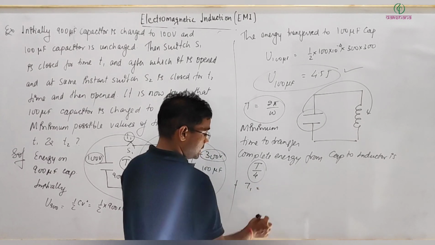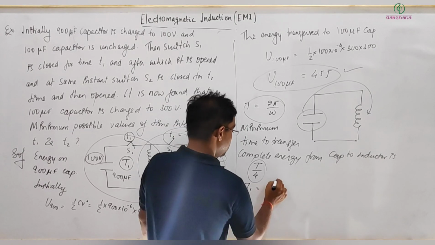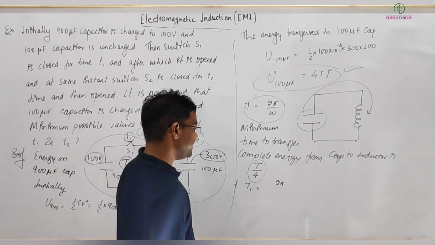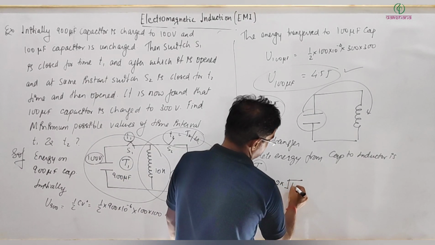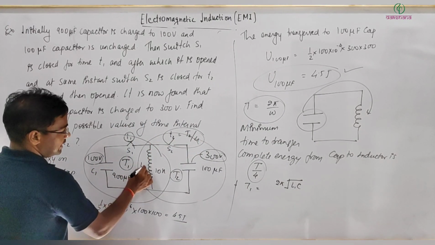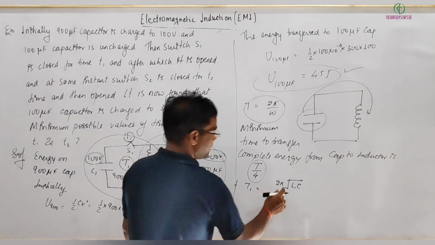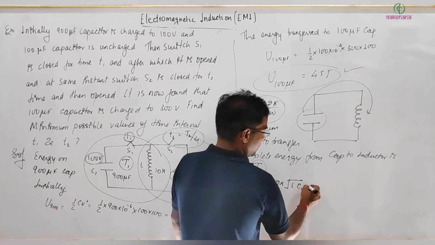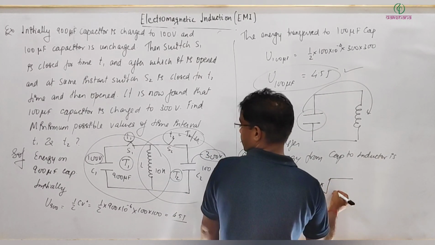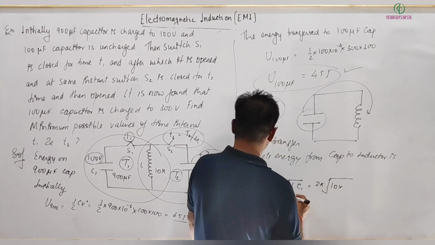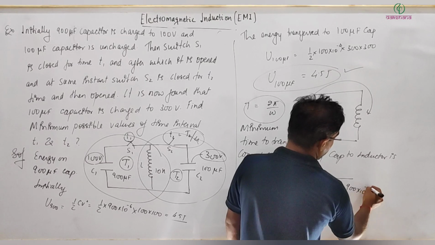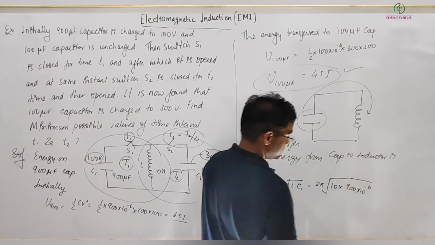So T1 is equal to 2 pi by omega, and omega is 1 over root of LC, so capital T1 is 2 pi under root L C1, where L is 10 Henry multiplied by C1, which is 900 microfarad into 10 to the power minus 6.